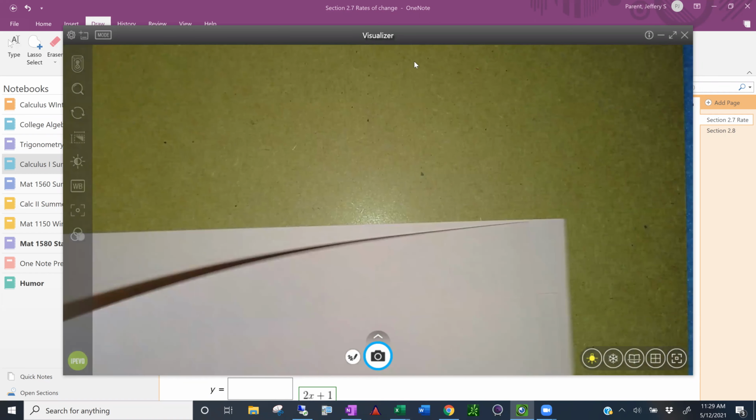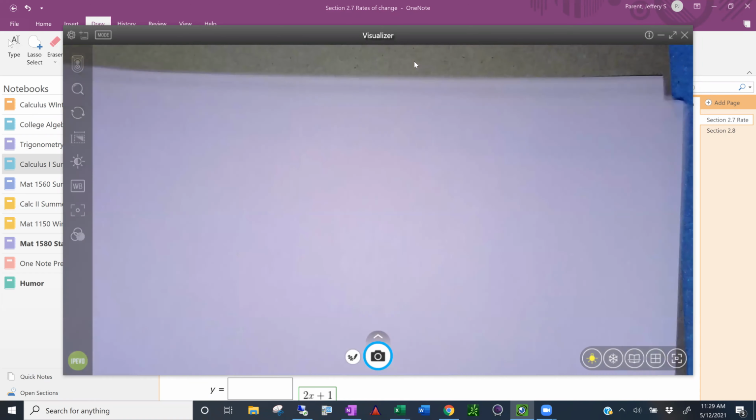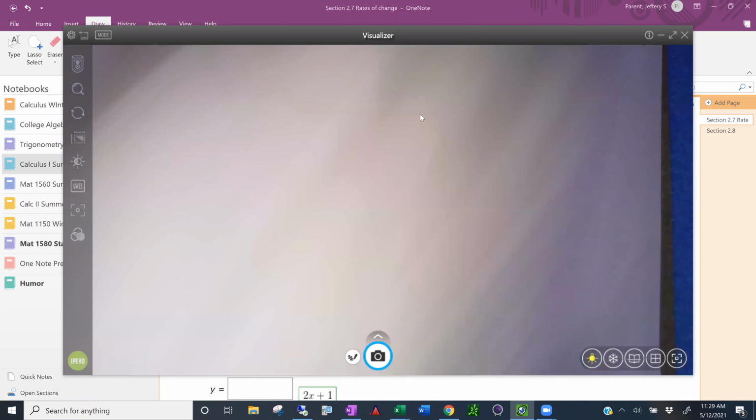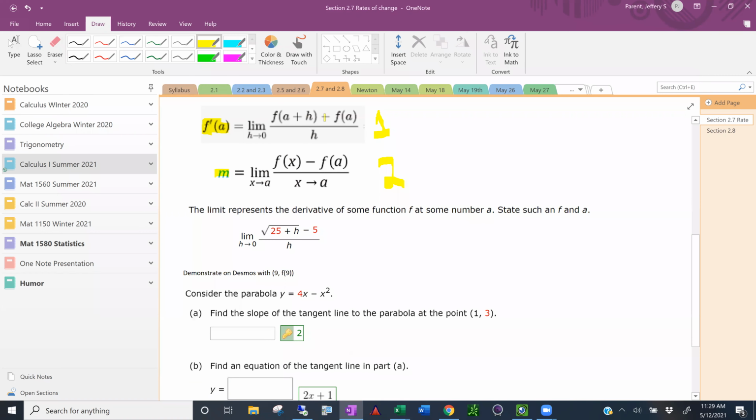So for the second calculation, we're going to use that other formulation of a derivative at a point. And that'd be what I wrote as the first one here. So we're going to take a look at the limit as h approaches 0 of f of a plus h minus f of a, all over h.